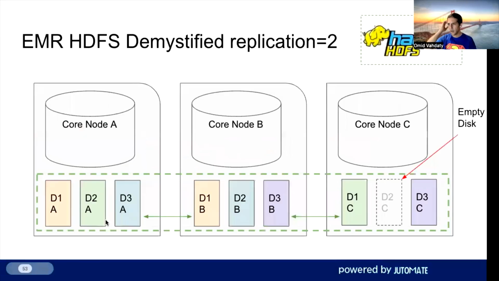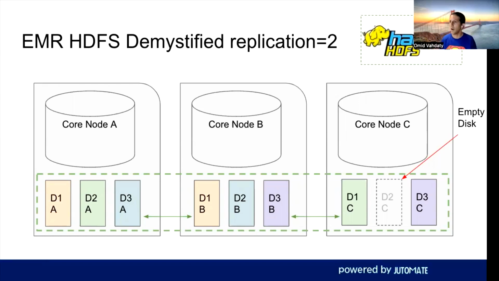So let's talk about why HDFS is fault tolerant. Let's demystify it. By design, HDFS has a replication factor feature, meaning each file is replicated at least 2 times. You can set the replication factor to any number you wish, but it will multiply your data.